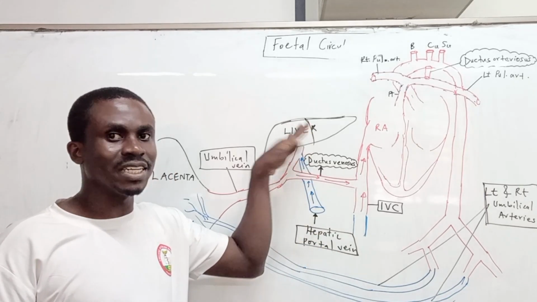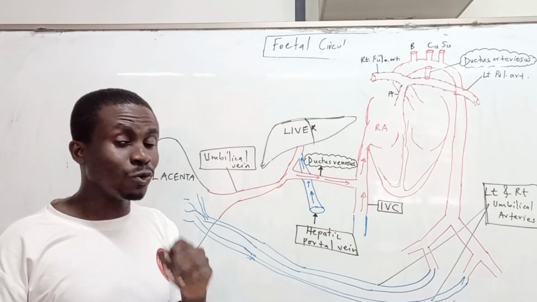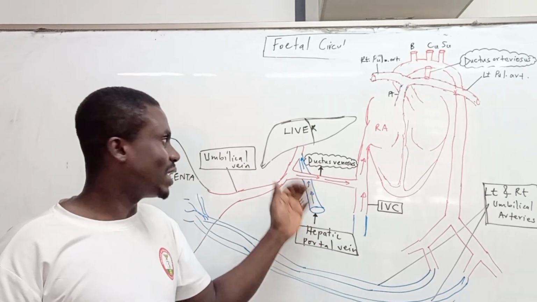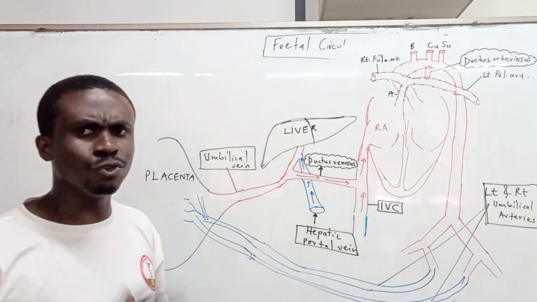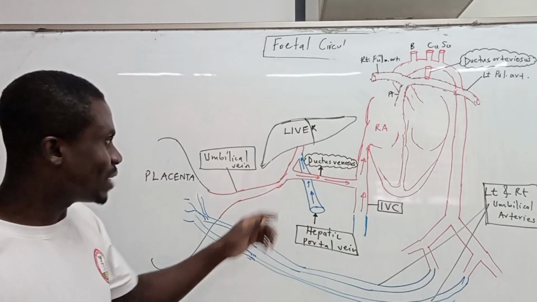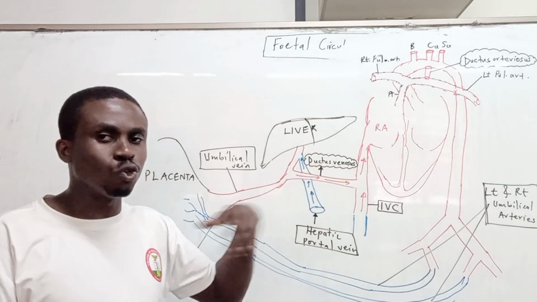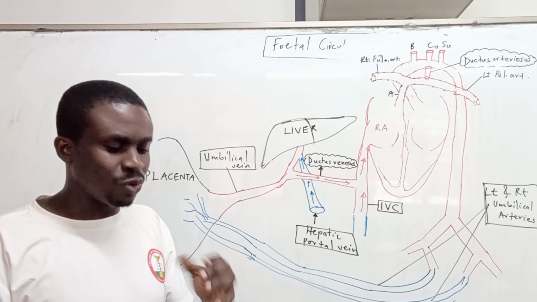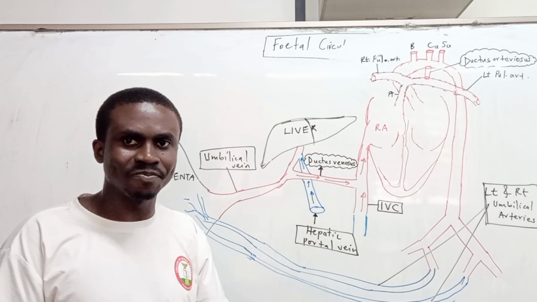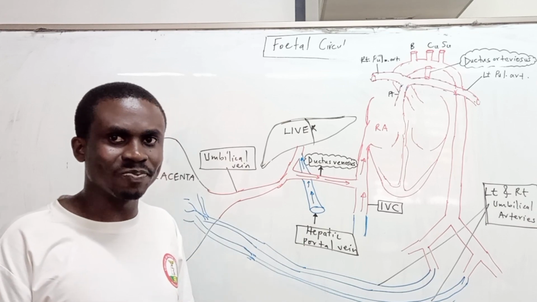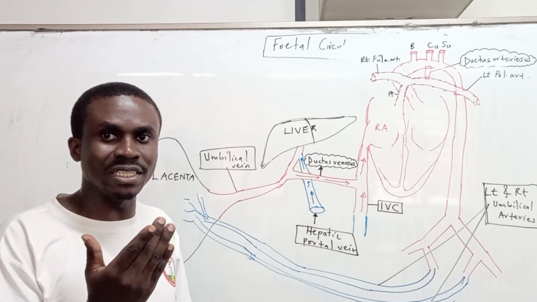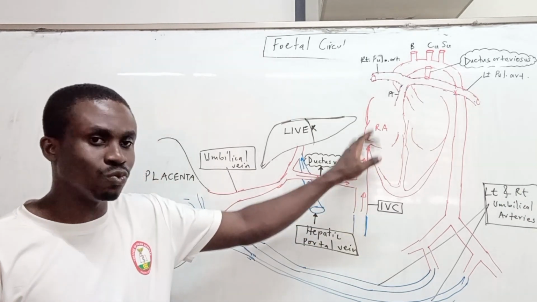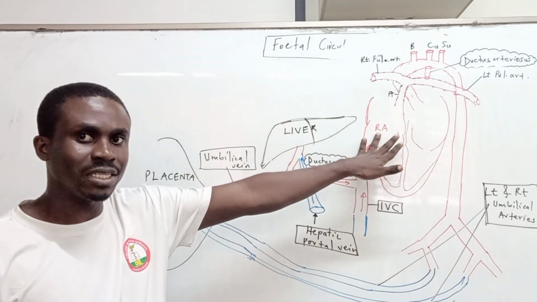And eventually everything gets to the liver. Although it is oxygen poor, it is nutrient rich. One thing I want you to know is that although I was saying you need to bypass the liver to minimize the effects of first pass metabolism, so that what gets into the systemic circulation of the fetus has high bioavailability, most of the blood is shunted into the inferior vena cava this way, so that it eventually gets to the right atrium.